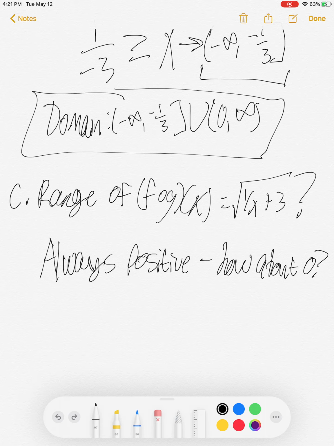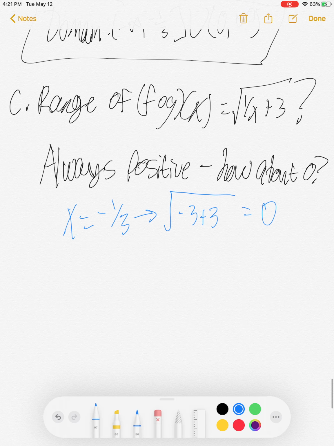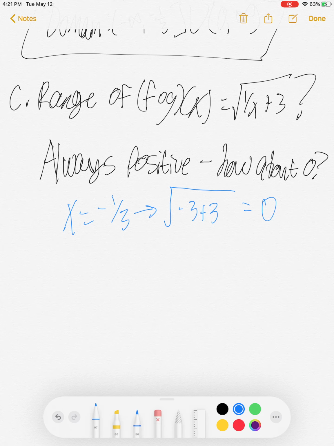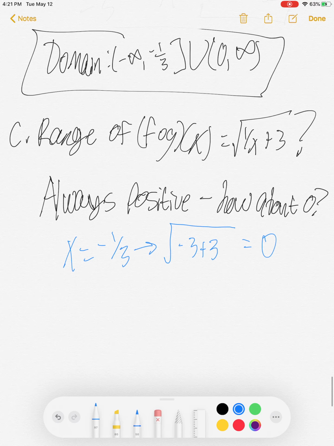Well, can we get 0? Notice if I plug in x equals negative 1/3, then this becomes the square root of negative 3 plus 3, which equals 0, because negative 3 plus 3 equals 0. So sure enough, 0 is in our range because we included negative 1/3 in the domain.